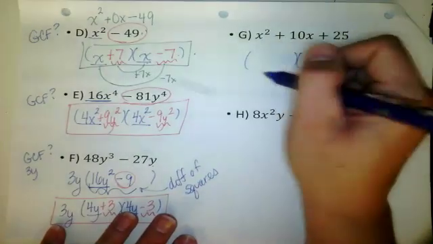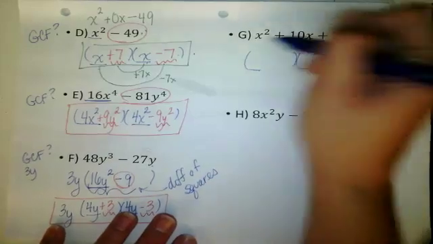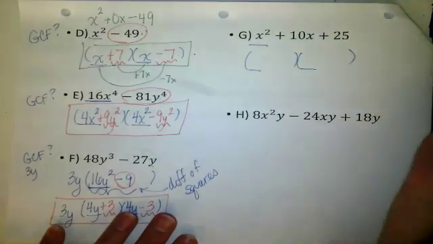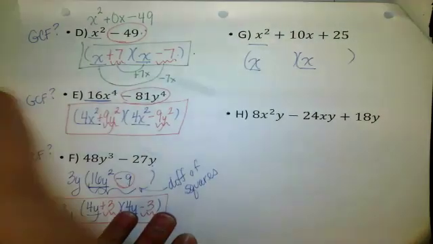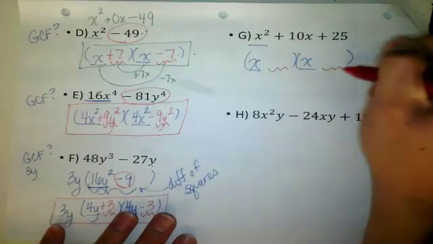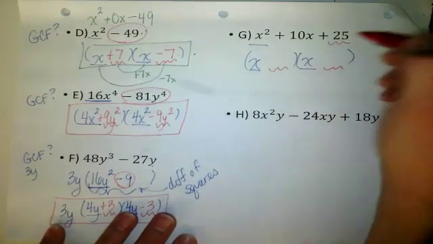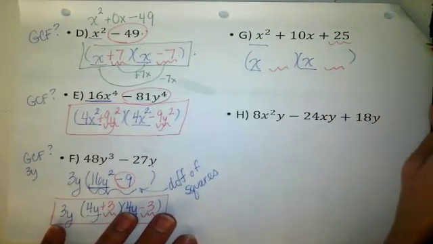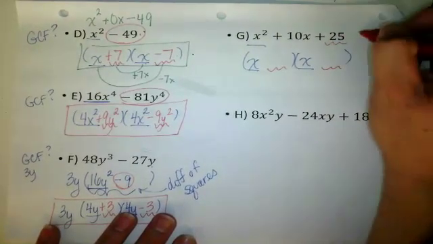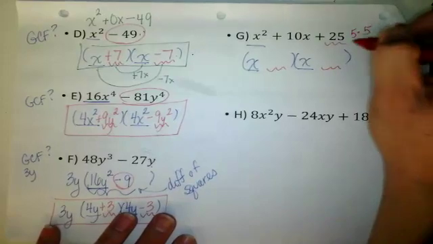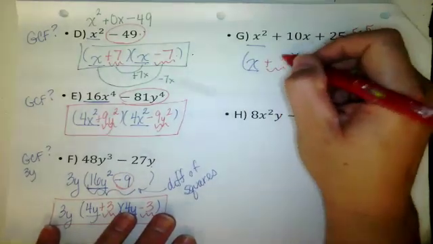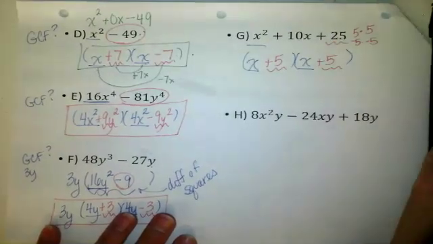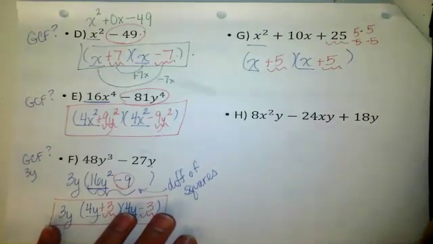Same process, ladies and gentlemen. First times first has to be the first thing. What times what's x squared? X times x. And then last times last has to be the last thing. What times what is positive 25? What else? Negative 5 times negative 5. And what do we want? Positive 5 and positive 5. How do you know you did it right?